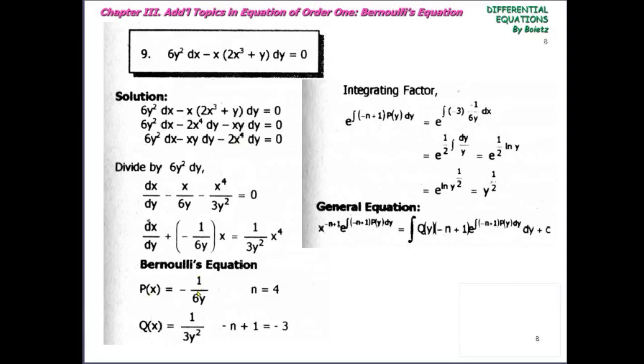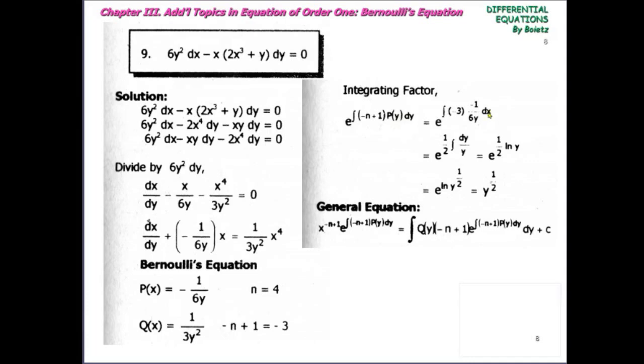Px is negative 1 over 6y. Qy is 1 over 3y squared. Then your n is equal to 4. Negative n plus 1 is negative 3. The integrating factor, okay, integral of this one, negative 3. Then, sorry, this one is x rather. Ito pala, sorry, ito pala, x ito.